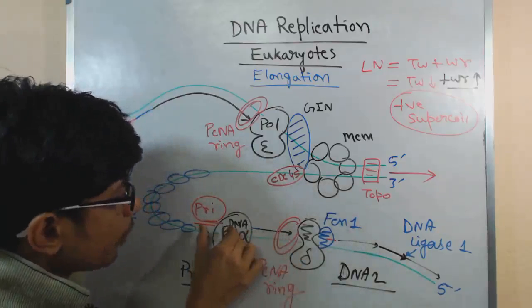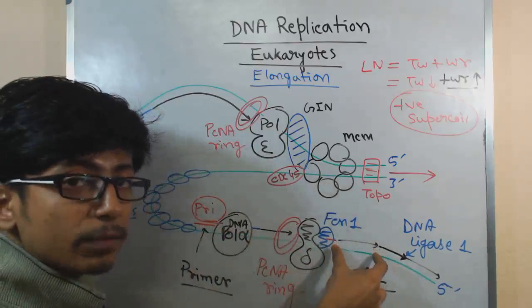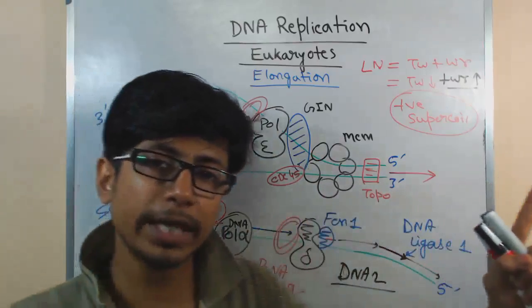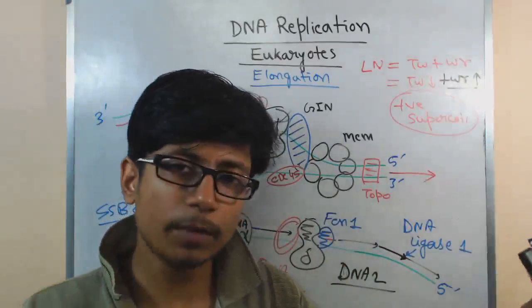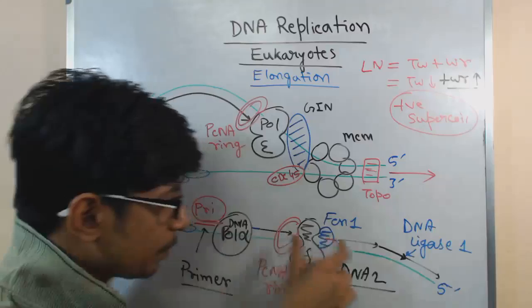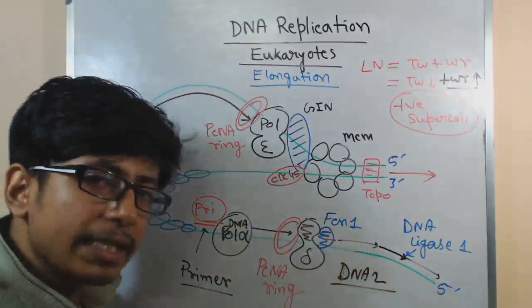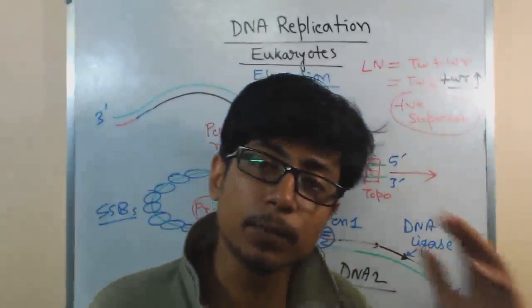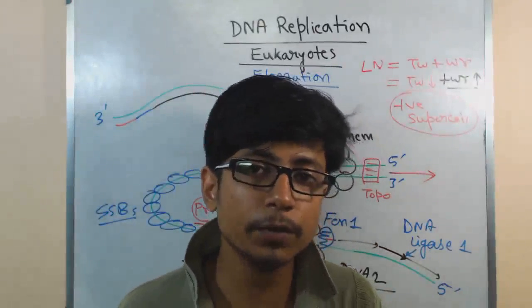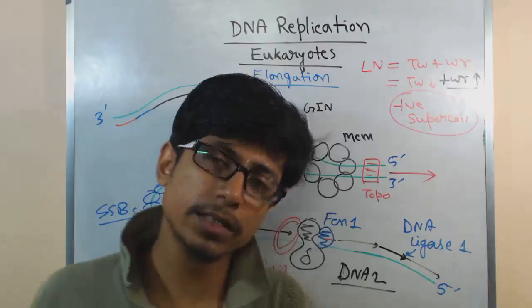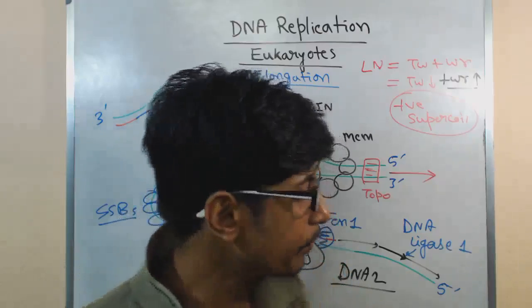The small fragments, from the end of one primer to the start of another primer, are called Okazaki fragments. They are around 300, 400, even up to 1000 base pairs in eukaryotic DNA, while in prokaryotes they are very small.